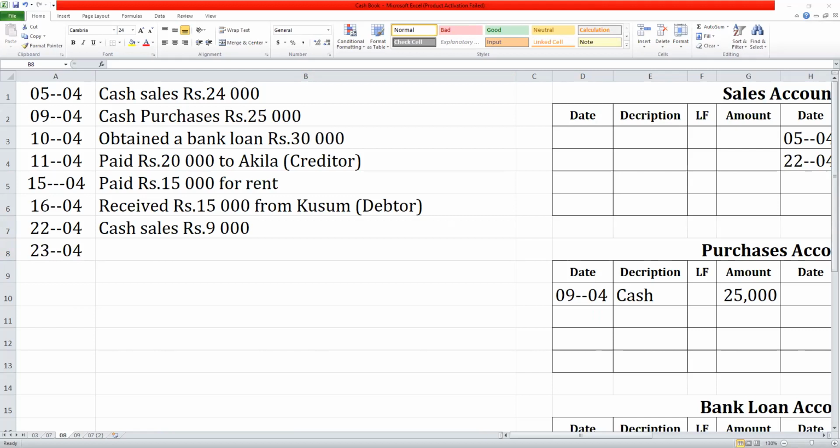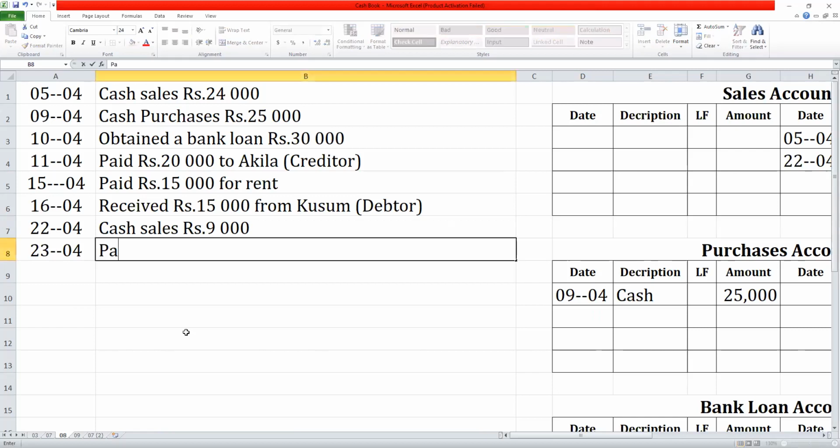Okay. Paid rupees 18,000 as salaries. Please describe the transaction right away so I can understand. Paid rupees 18,000 as salaries. Cash book is credited.